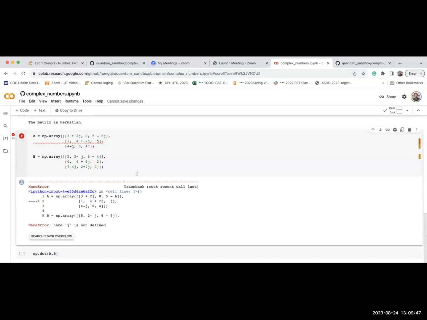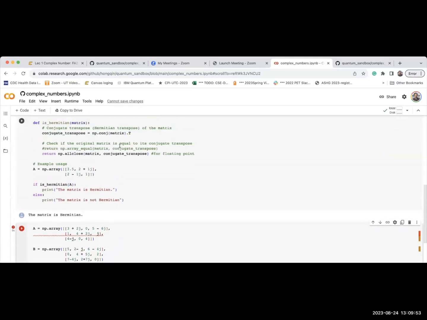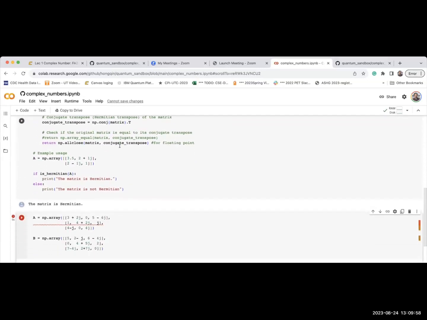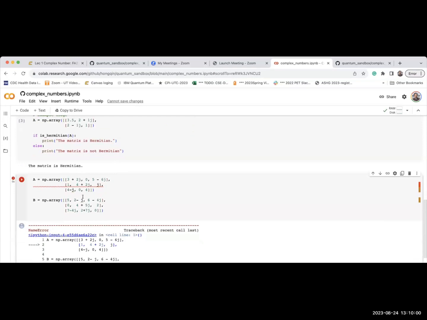J is not defined. Yeah, I need to put a 1J there, otherwise it's not recognized.